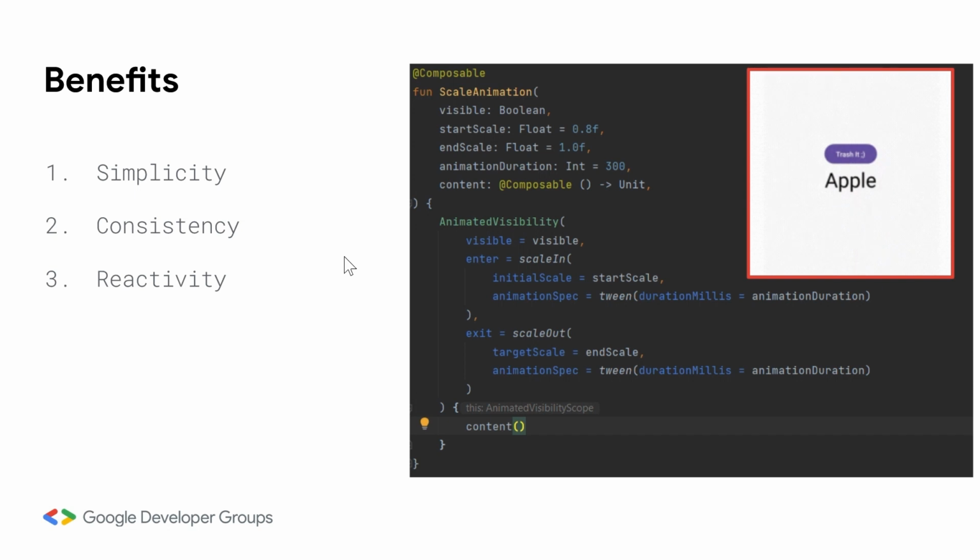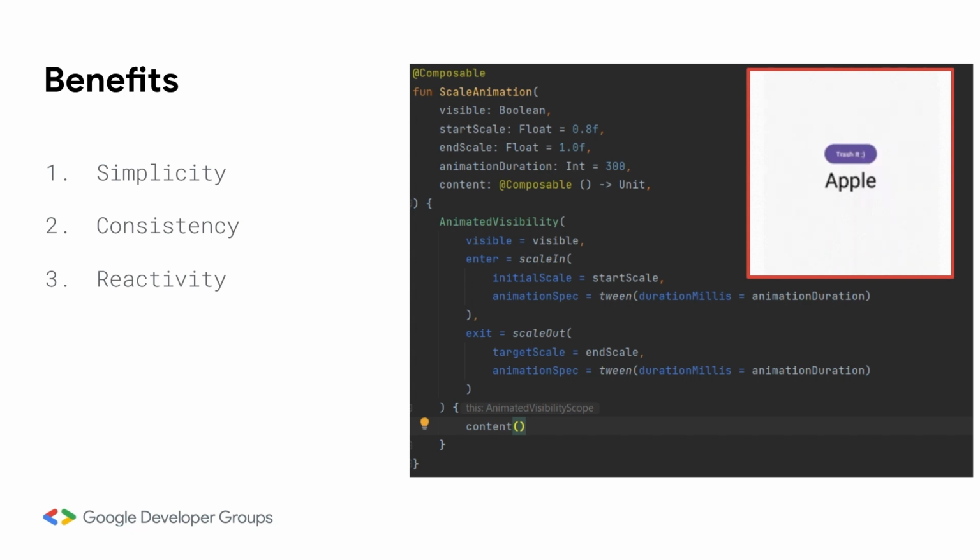Okay, coming back to the slides again, when understanding the benefits of this over the traditional approach, we see that Compose definitely makes it easier to create complex animations with AnimatedVisibility and very minimal code. So it definitely is pretty good when it comes to simplicity.